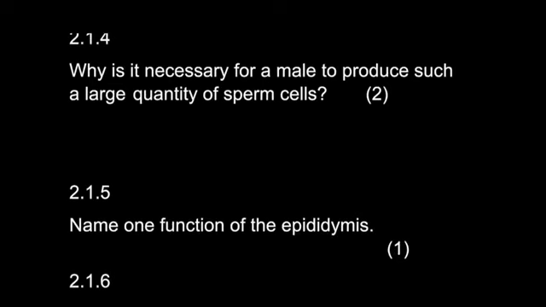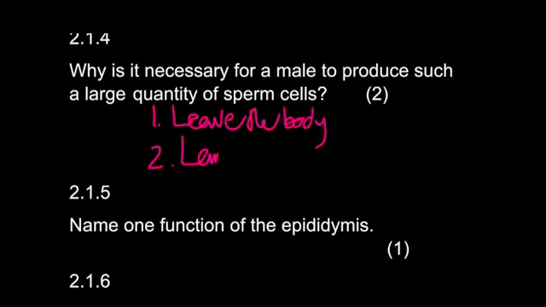Why is it necessary for a male to produce such a large quantity of sperm cells? Number 2, because it has to leave the body. A larger number ensures fertilization.